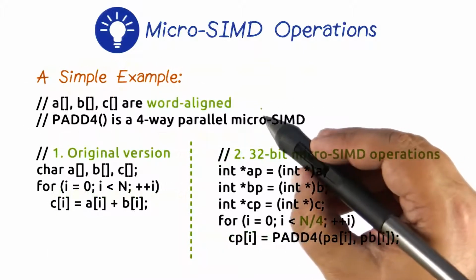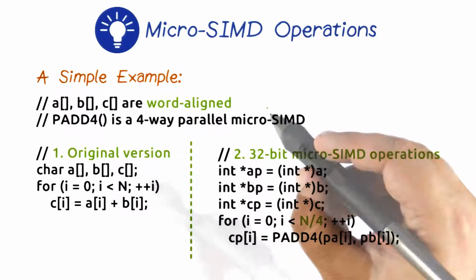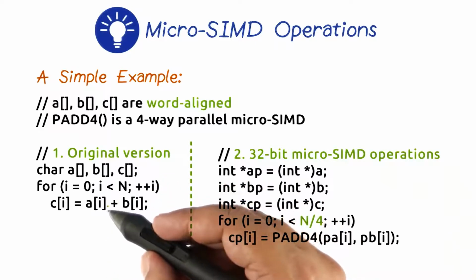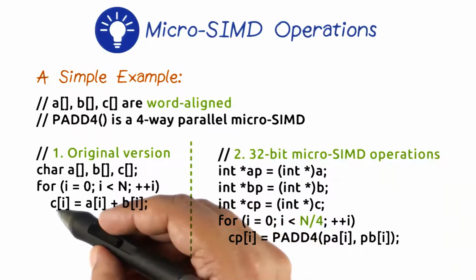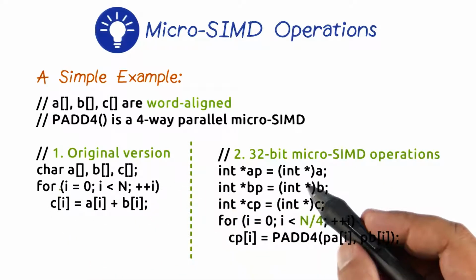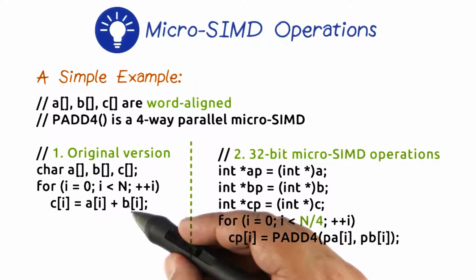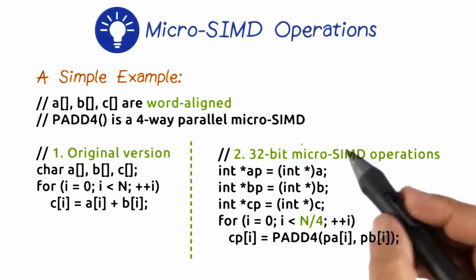Let us now see how we can write a simple micro SIMD program. What we have here is an original program in which we are trying to add two arrays A and B and hold the result in C. Now if you want to use the micro SIMD parallelism, let's say by breaking down the 64-bit word into two 32-bit words, this is how we could do it.